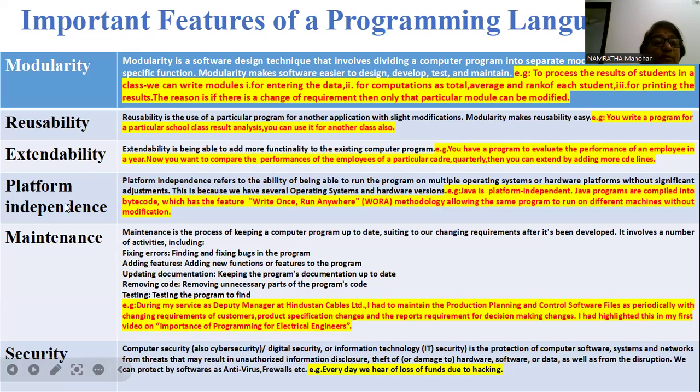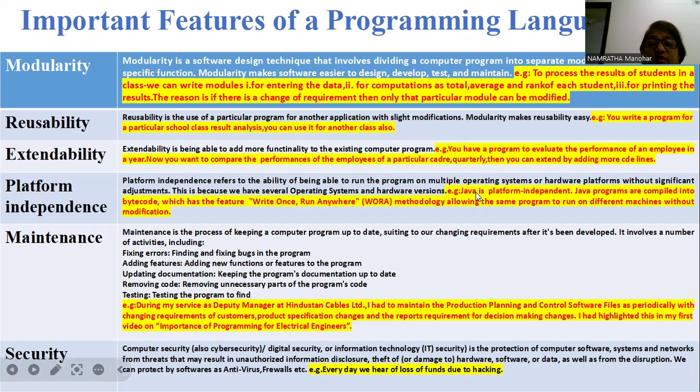Now, what is platform independence? Platform independence is the ability to run the program on multiple operating systems or hardware platforms without significant adjustments. We know that we have different types of operating systems. So once you develop a program in one type of operating system or hardware, you should be free to run it on another operating system or hardware.